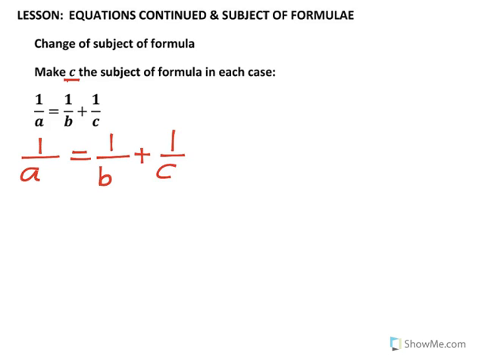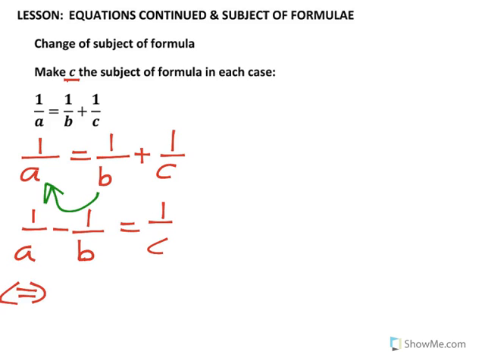If I take 1 over b to this side, I'm going to have 1 over a minus 1 over b is equal to 1 over c. When I rewrite this, it means 1 over c is equal to 1 over a minus 1 over b.